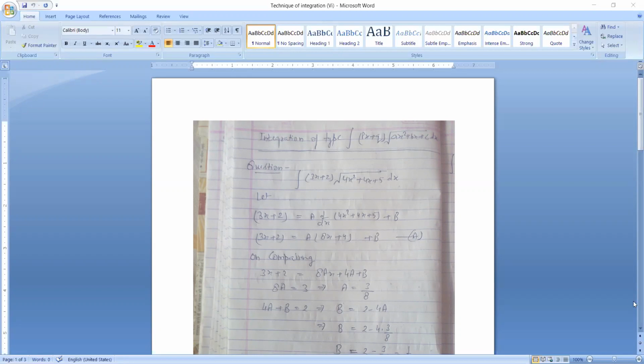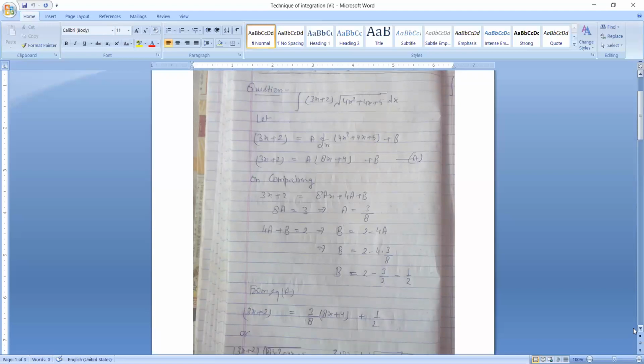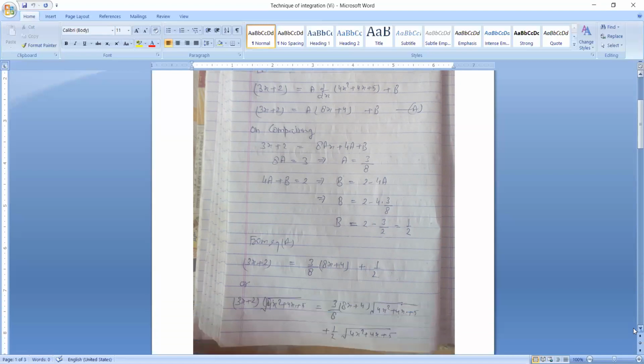On comparing, 3x + 2 = 8ax + 4a + b, so 8a = 3, hence a = 3/8. Similarly, 4a + b = 2, which implies b = 2 − 4a, so b = 1/2.